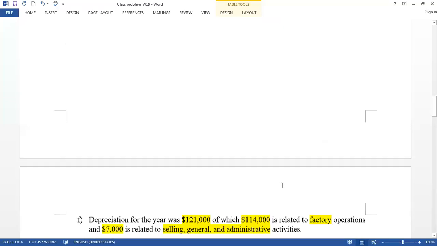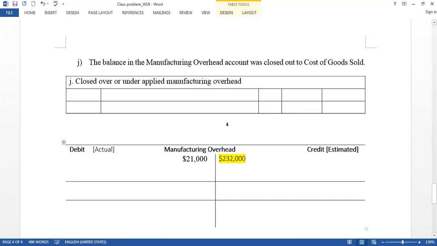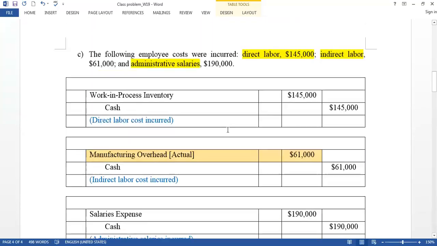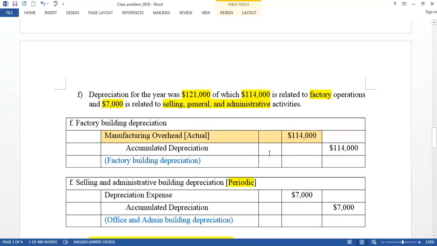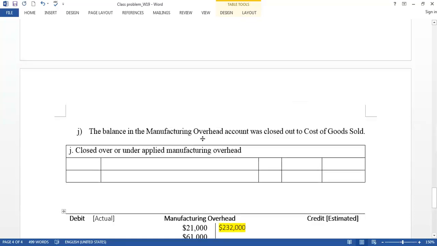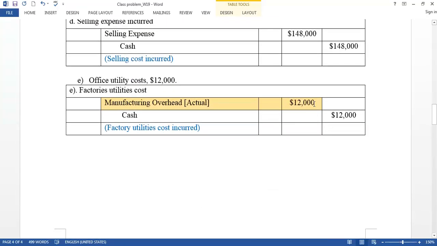I copy it. $21,000 debit. Then $61,000 debit, $12,000 debit.